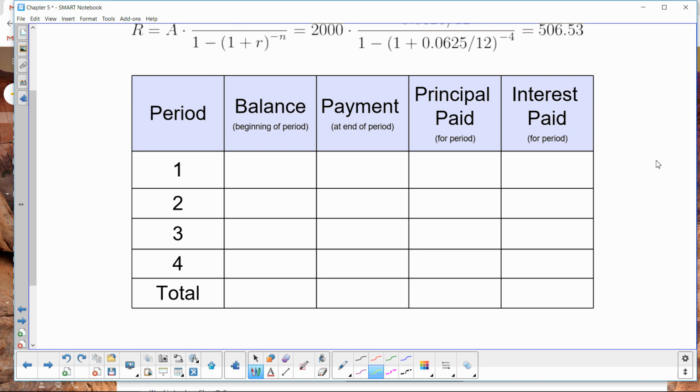Where do you start? You start with the $2,000. Your balance at the beginning of the first period is $2,000. What's our payment going to be that period?